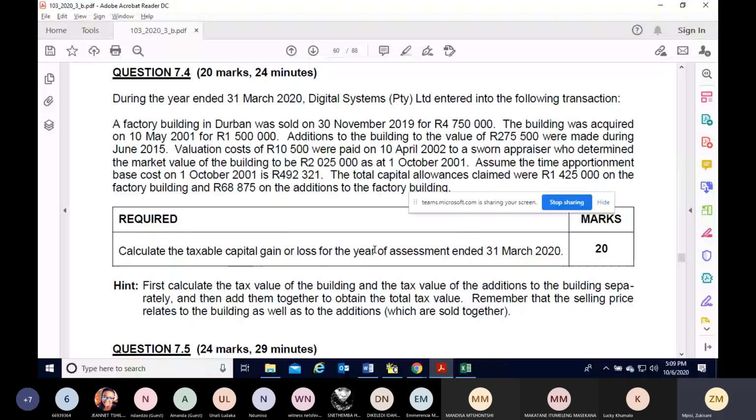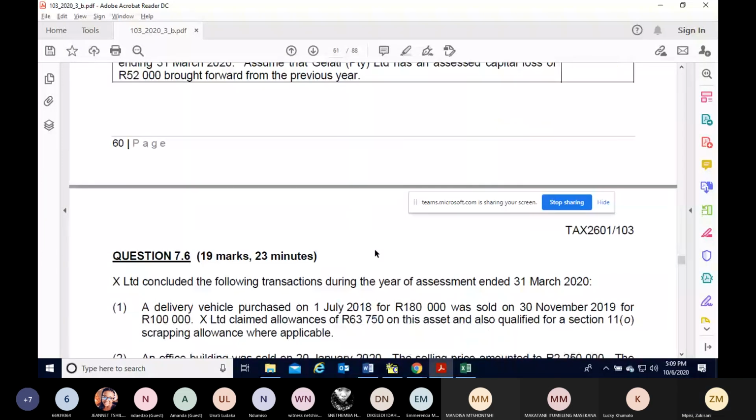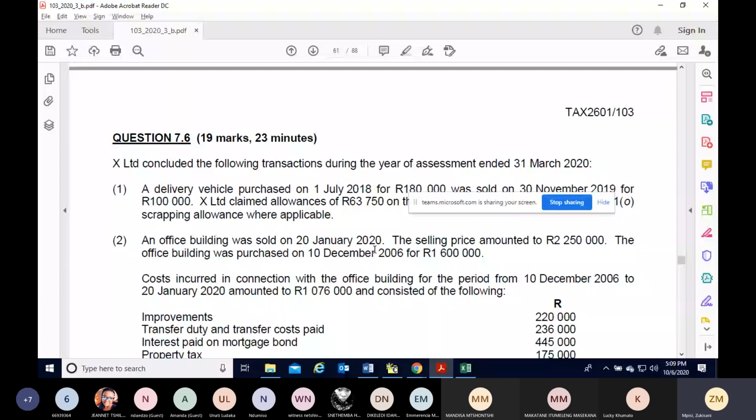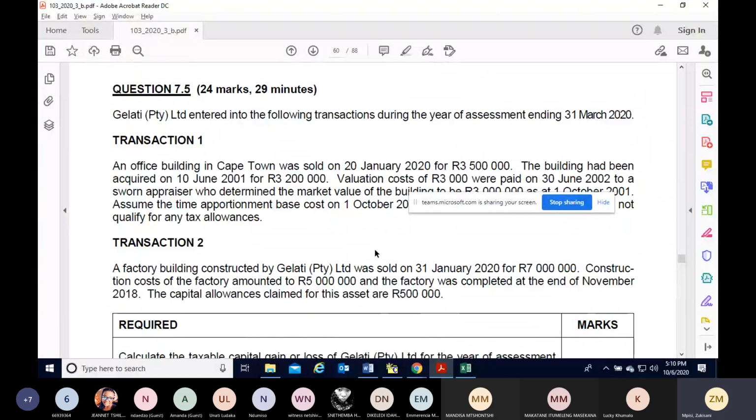Yes, let us quickly do 7.5 and 7.6. Why do I love 7.6? Because we are going to redo and refresh some of the capital allowances again. At just after 6 o'clock, if we are not yet done, for the last 30 minutes we are going to focus on exam technique.